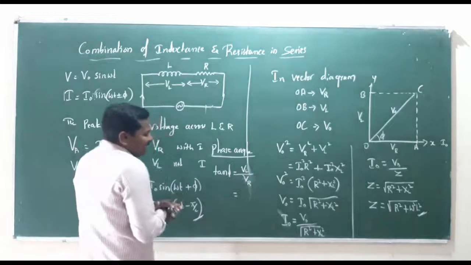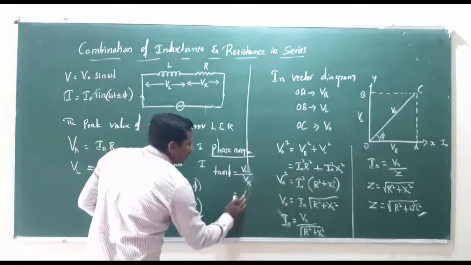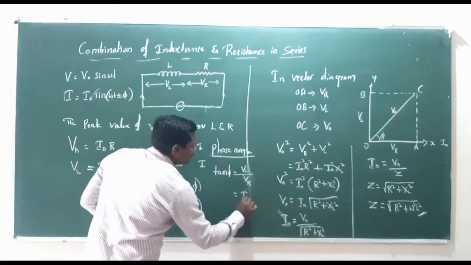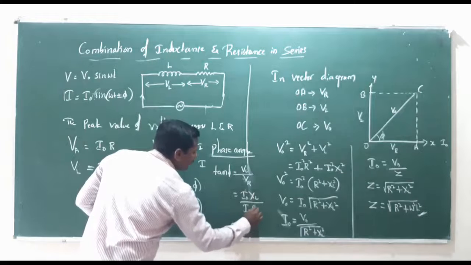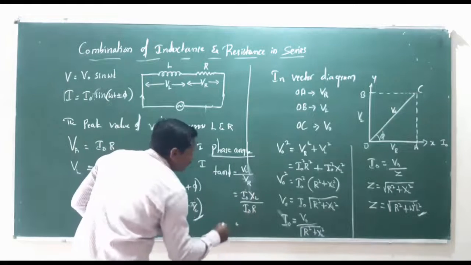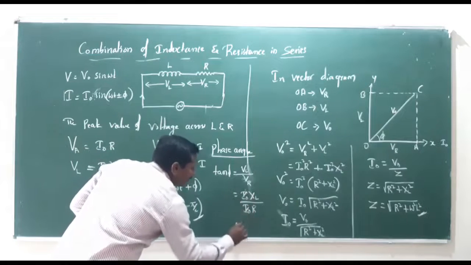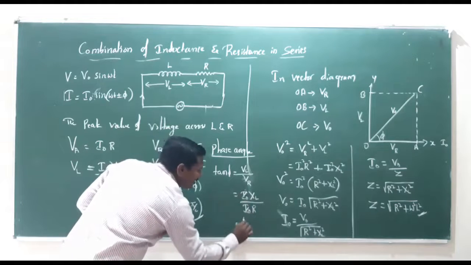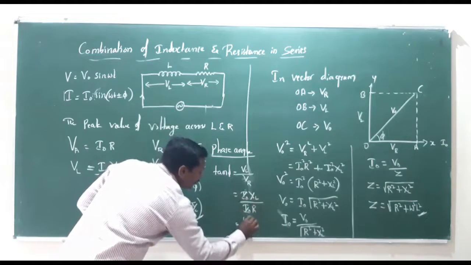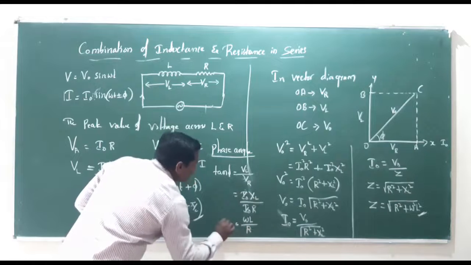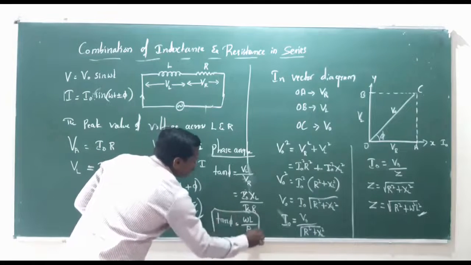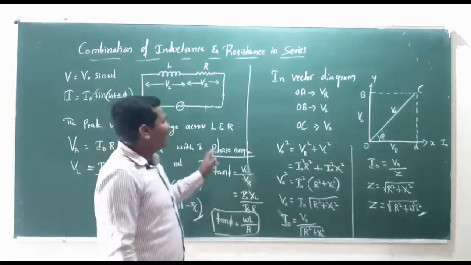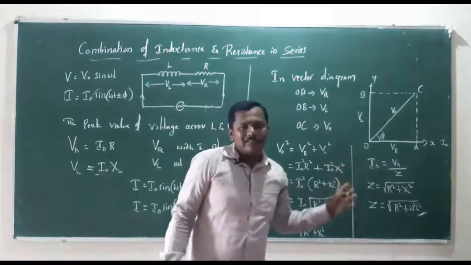So VL is I naught chi L, divided by VR, which is I naught R. Therefore I naught gets cancelled, and chi L, which is omega L, divided by R represents tan phi. So this gives the phase angle between voltage and current.